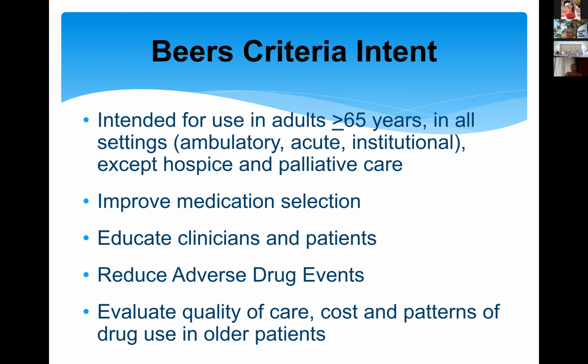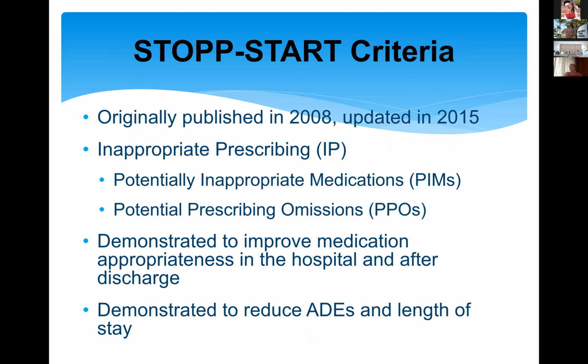It allows you to prescribe what you want to prescribe, but it'll give you a warning to say, by the way, this is a high-risk medication for older patients. Are you sure you want to use this? Or would you like to try something different? So it's kind of tipping off the doctor to say, I at least need to think about this and not just give this medication to my older, frail patient.